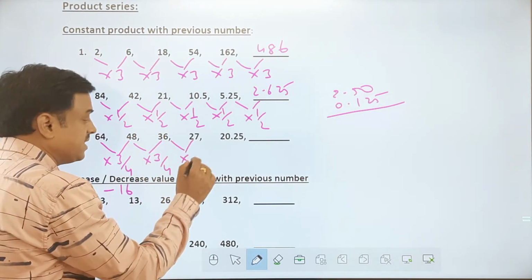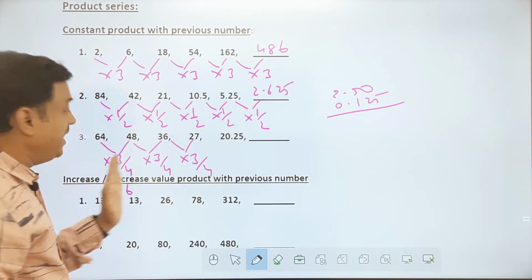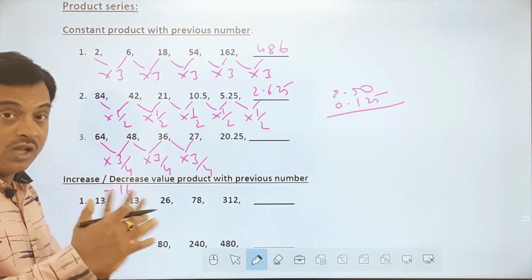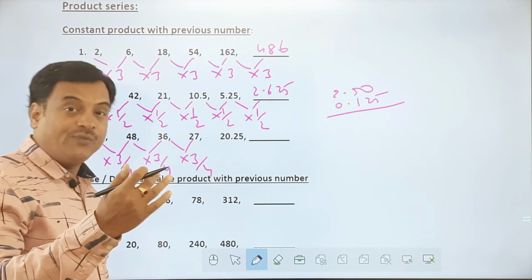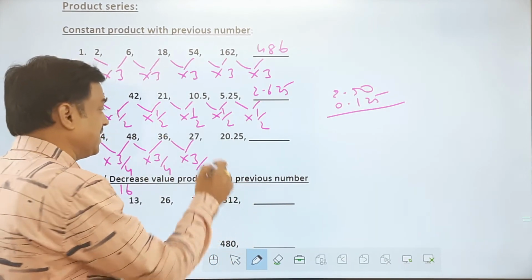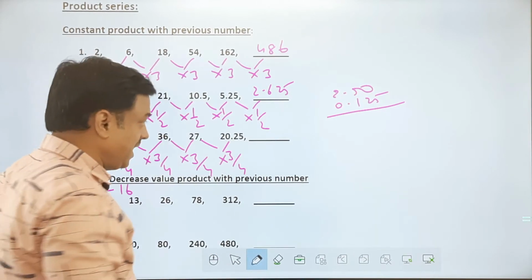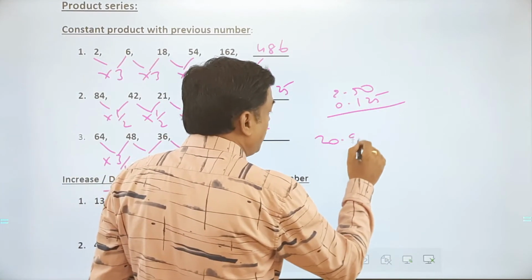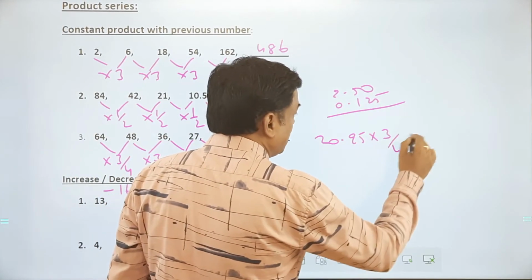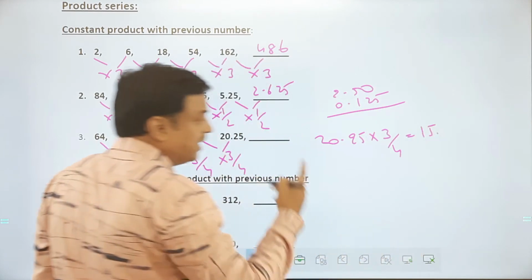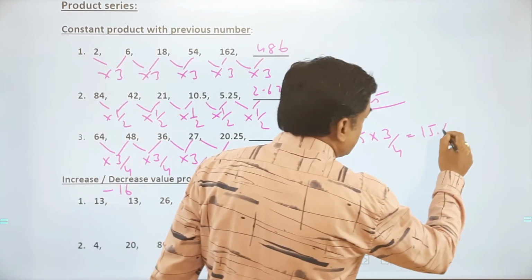3/4 of 36, 27. So I am finding here it is getting by a constant multiply of 3/4. So 3/4 of the number it is taken. And the next one is 3/4 of this number is taken over here. Then finally 20.25 into 3/4 will be 15.1875.